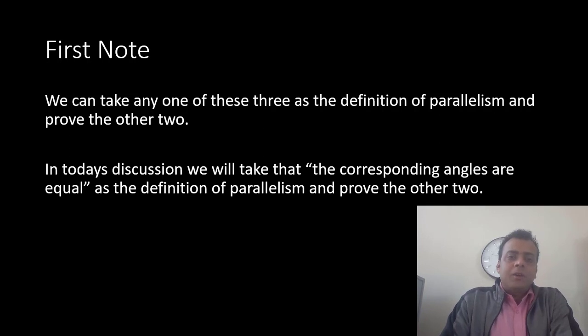We can take any of these three as the definition of parallelism and prove the other two. In today's discussion, we will take that the corresponding angles are equal as the definition of parallelism and prove the other two.